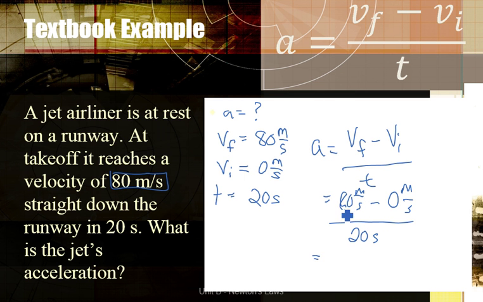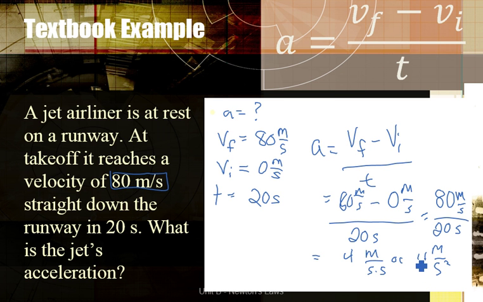We end up with 80 in the numerator and 20 in the denominator. 80 divided by 20 is 4. And our units would be meters per second per second, or 4 meters per second squared.